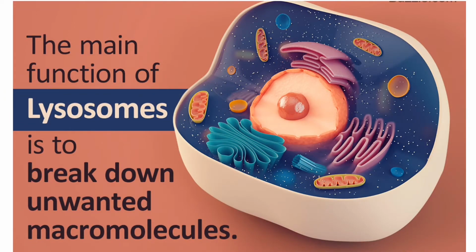The lysosome is also an important component in animal cells. What is the function of this lysosome? It is to break down unwanted macromolecules. So these are the unwanted food substances, the unwanted materials in the body. They break them down altogether. That is the function of the lysosome, and this lysosome is also present in what? In animal cells.